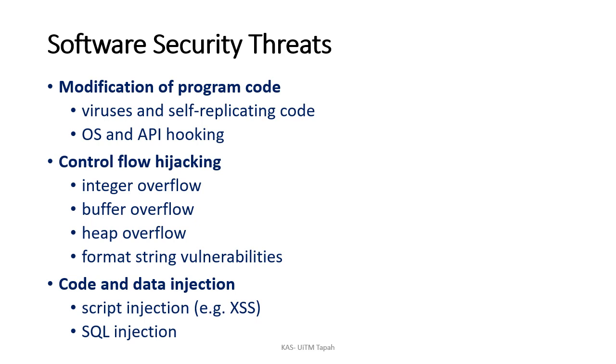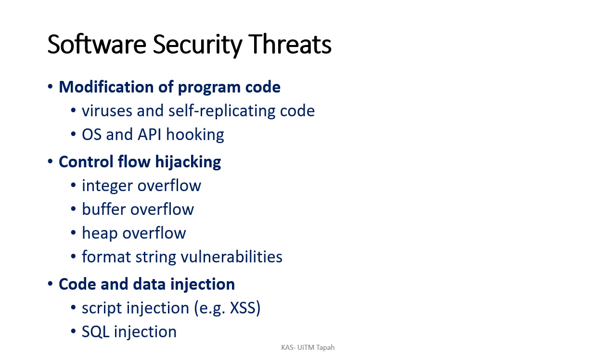Some programs are hijacked through, for example, integer overflow, which is more towards program coding, by overflowing integer variables, buffers, the heap, and format string vulnerabilities. When these functions are overflowed, they can be embedded with viruses, or the programs can have abnormal activities. That is one way of threatening software security.